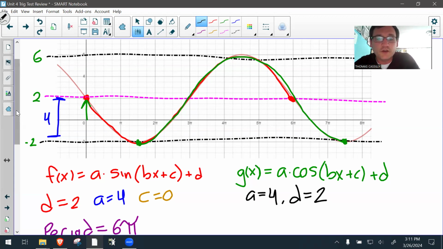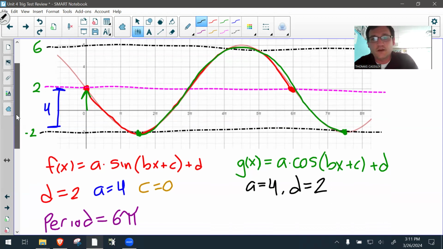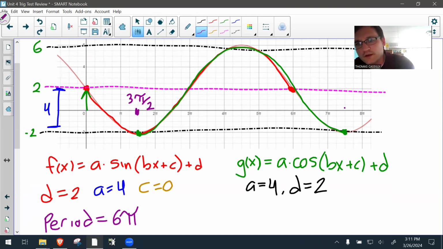All right. The period is the same thing, right? So it starts at, if we want to look here, this value right here, this is 3 pi over 2. And it ends right here. That is 15 pi over 2.